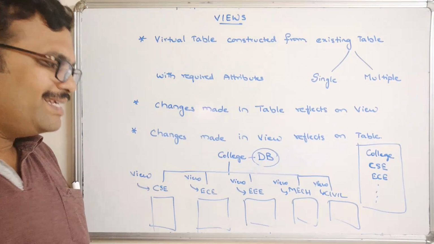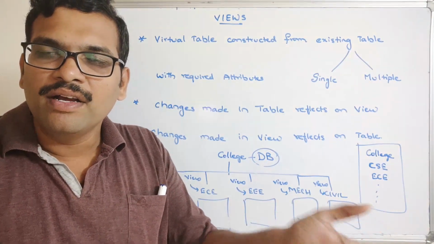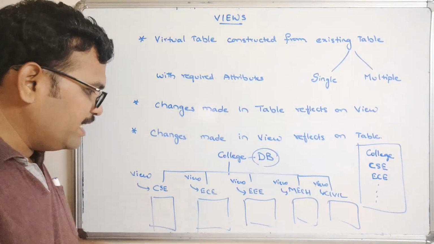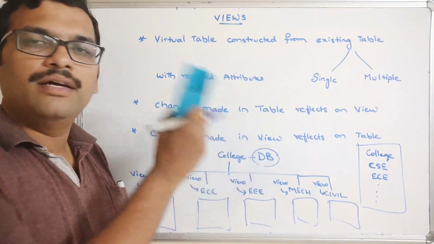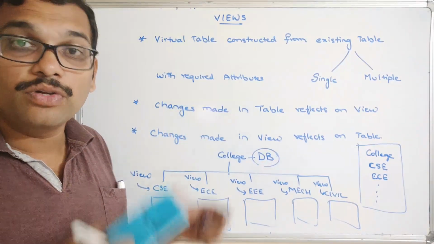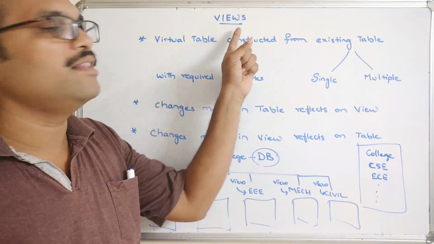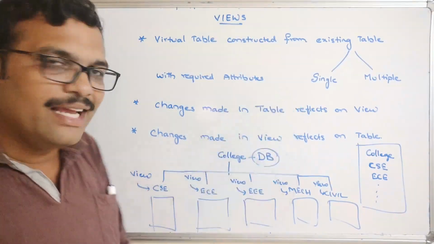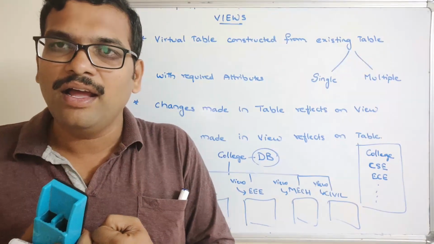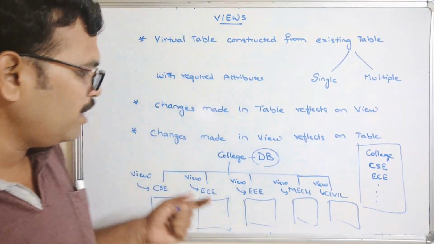These are virtual tables distributed to each department, so that if there are any changes made in a particular department, that will automatically be reflected on the main table. This is the main advantage and the purpose of creating views. So we are extracting some portion of data and representing that portion in a table. That is called a view.